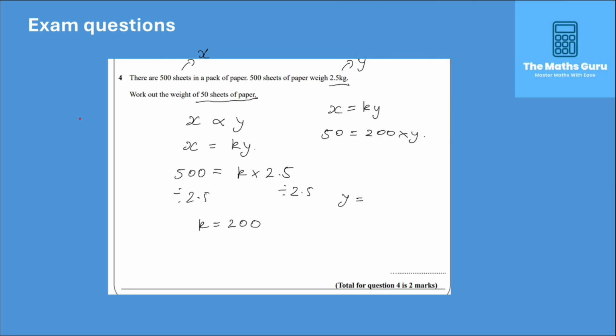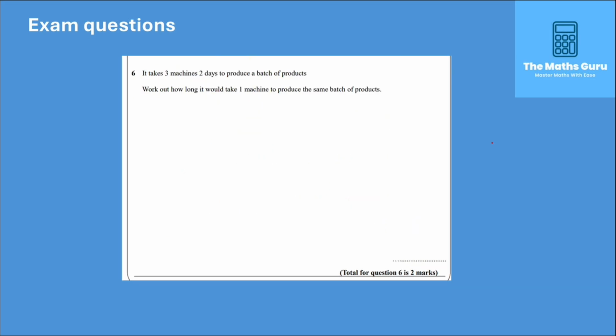In this case, we'd have to divide through by 200 on both sides. So y is equal to 50 divided by 200, where y is equal to a quarter. So call this 0.25 kg.